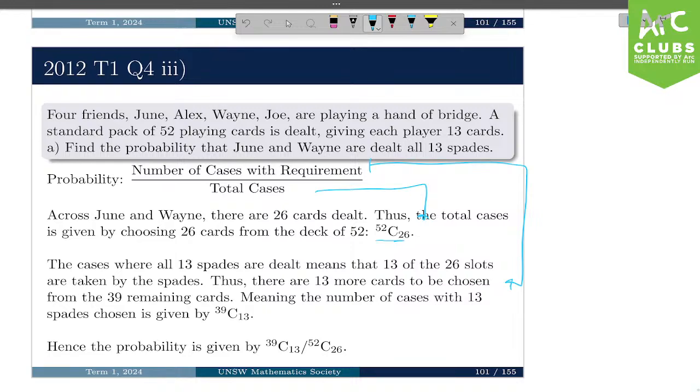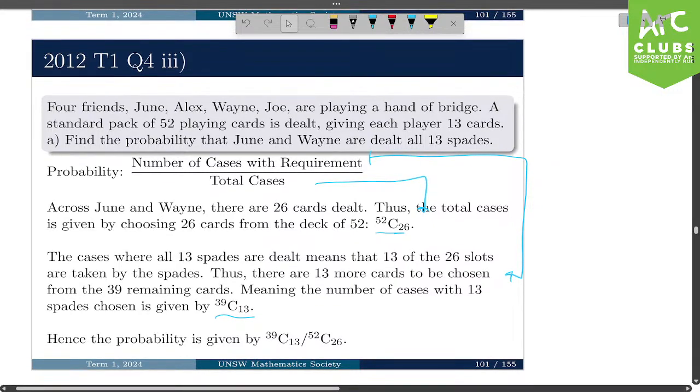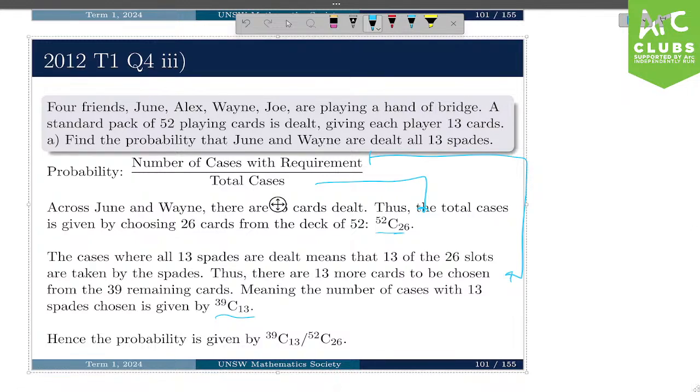Since we want to choose 13 cards out of the 39 remaining cards, there's 39 C13 ways they can be dealt all 13 spades. And thus the probability we'll get is 39C13 divided by 52C26. Is that clear?